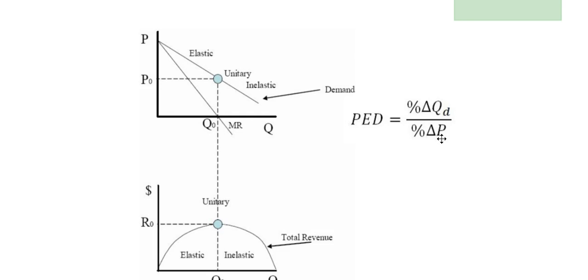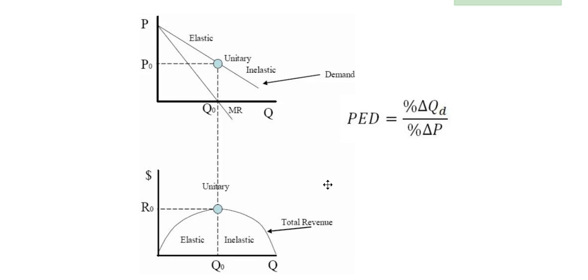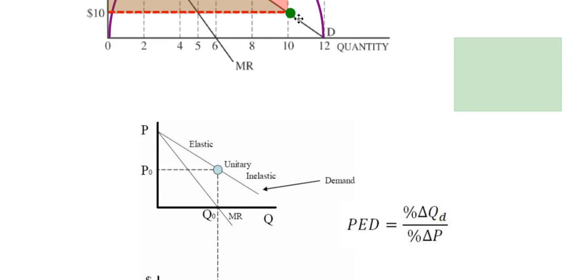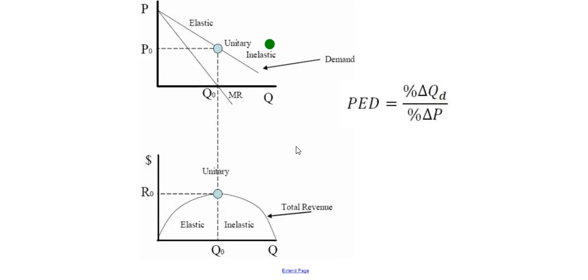So the simple answer is, let me grab my green dot here, the simple answer is you're going to be unit elastic, or you're going to have an elasticity of 1.